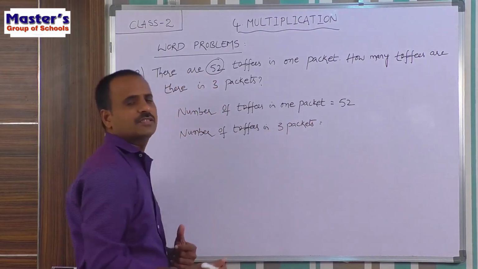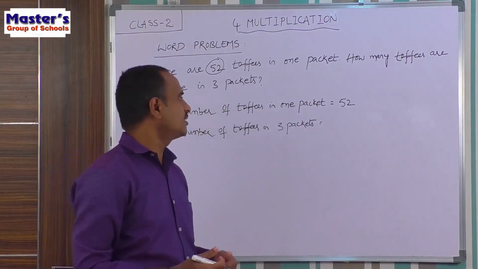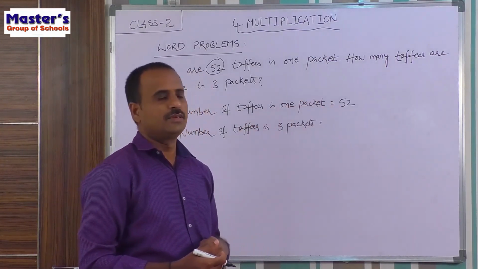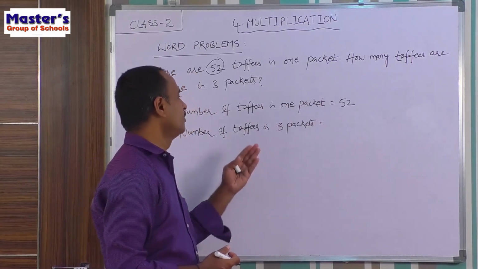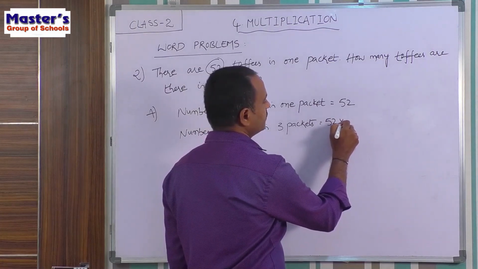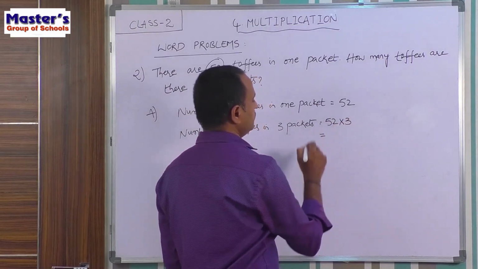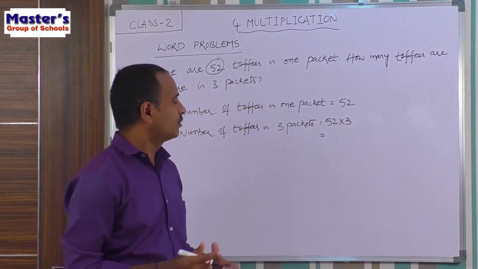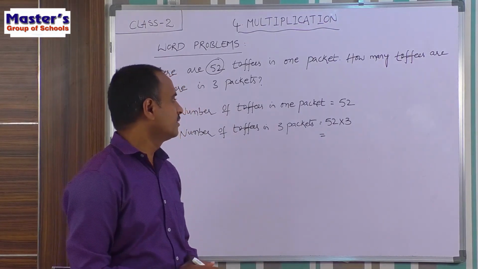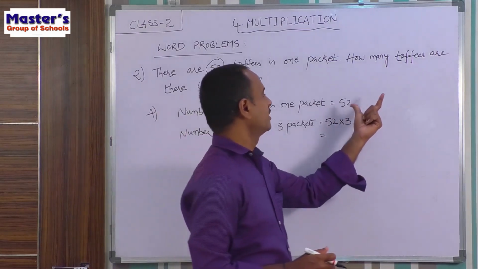So how can we get the answer? We can get the answer by just multiplying the numbers 52 and 3. So multiply the number 52 with 3. It is 52 into 3. Then we can get the total number of toffees in 3 packets. So children, do this multiplication here.